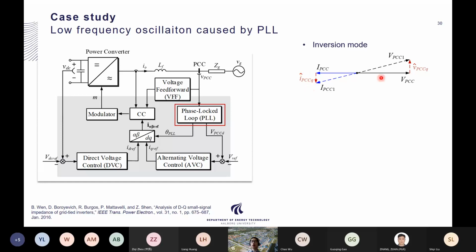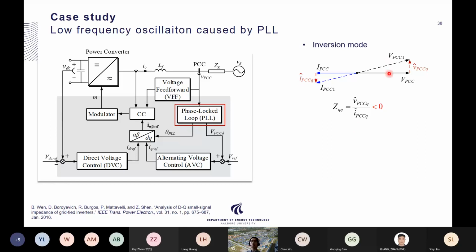If we take a look at this change of VPCC and IPCC, we can see that they are in opposite directions, which means that this small signal impedance, which is defined by the change of voltage divided by the change of the current, is smaller than 0. You can clearly find here that this is a negative resistance introduced by the PLL, which has some potential to lead to unstable operation of the system.